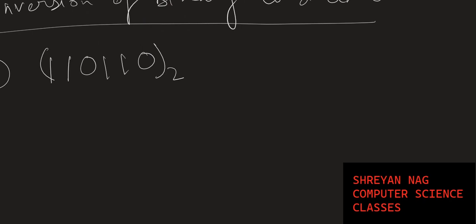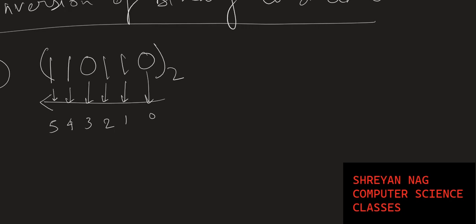So you can see here that 0 1 1 0 1 1 are the face values. So what are the positions? Starting from the very end, we can write the positions like this: 0 1 2 3 4 and 5.